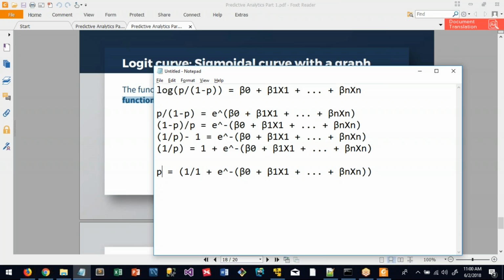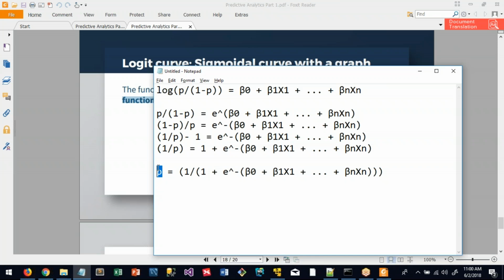This is what it becomes, and this is the value of P here. So P is equal to 1 divided by 1 plus e raised to the power of all of these individual factors. So this P can now exactly be deduced.